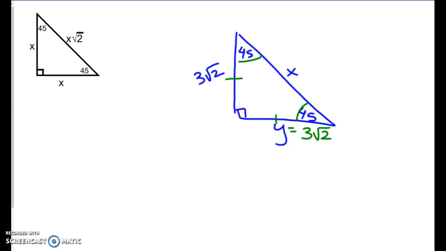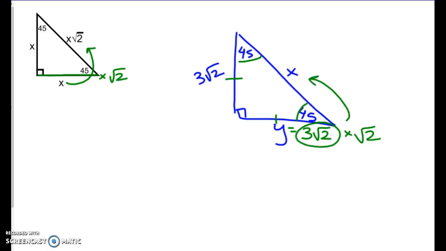Again, we're going from a side length to the hypotenuse. We took that side and multiplied it by the square root of 2 to get our hypotenuse. So we take one of our sides and multiply it by the square root of 2 to get that value.